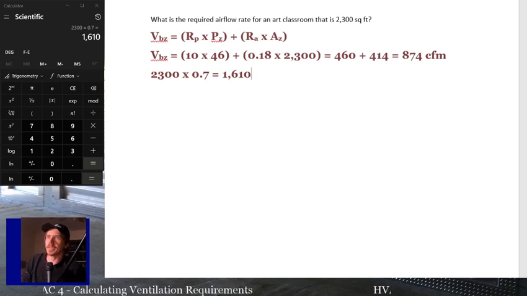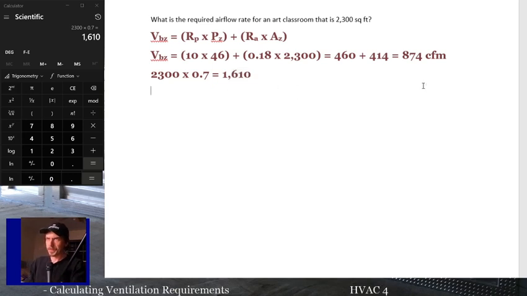So we actually need more exhaust air than we have ventilation air. So we're probably still going to need more makeup air because you want to keep the space neutral. So you'll actually need more makeup air somehow than exhaust. But as long as 874 CFM gets to the breathing zone, the rest can get to wherever, right?